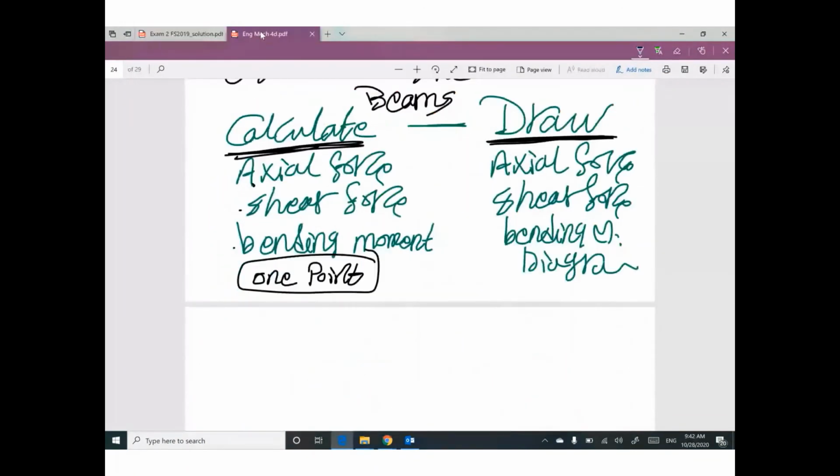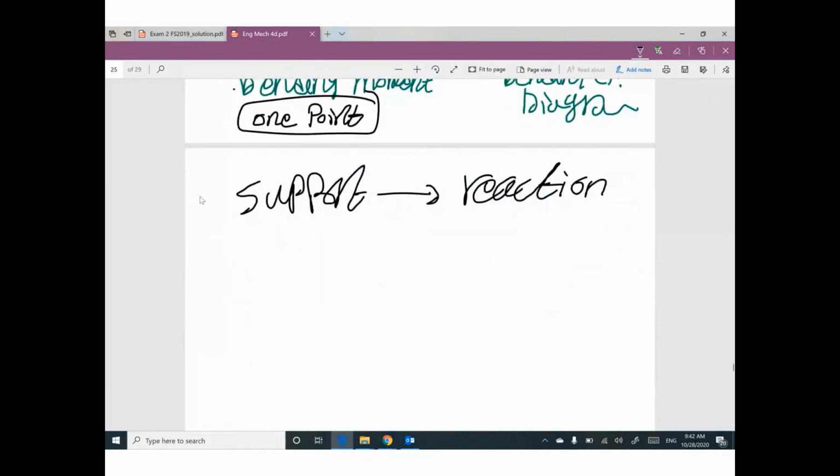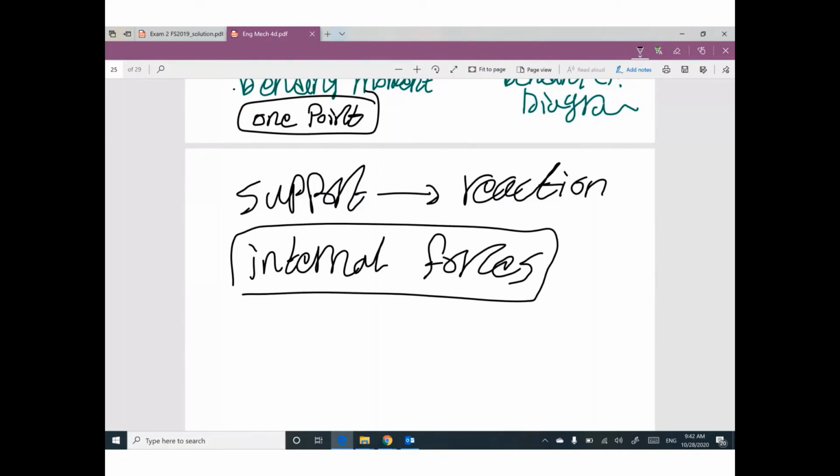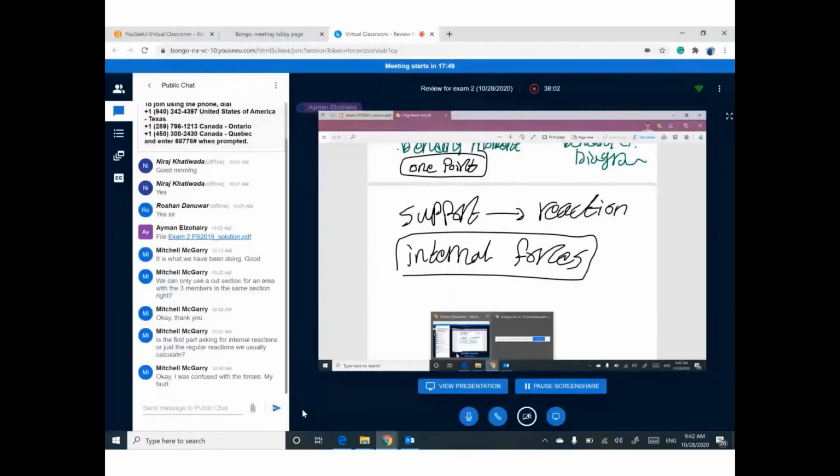You have a support, you have reaction. We have another expression called internal forces. We don't have an expression called internal reaction. I'm not sure what you mean.